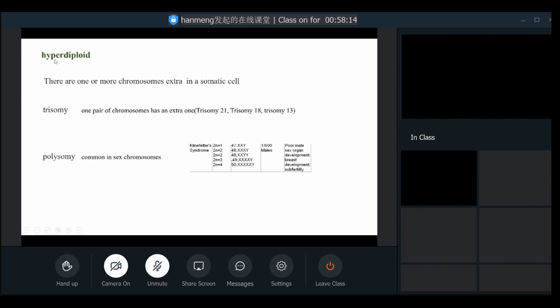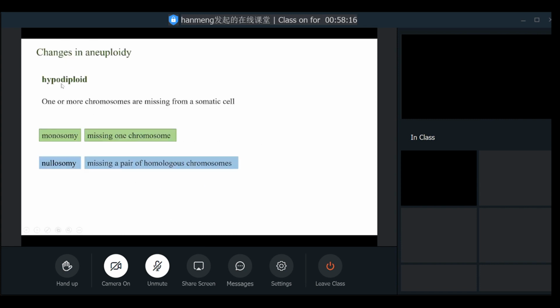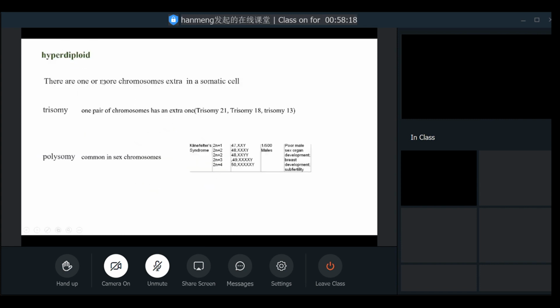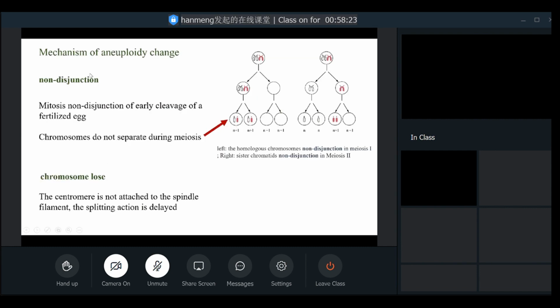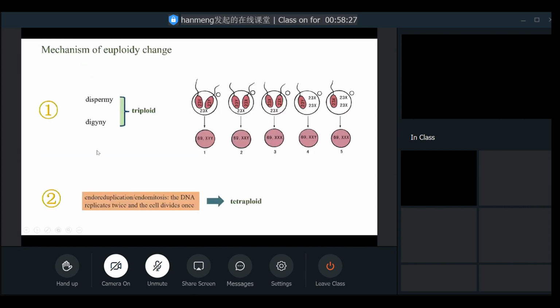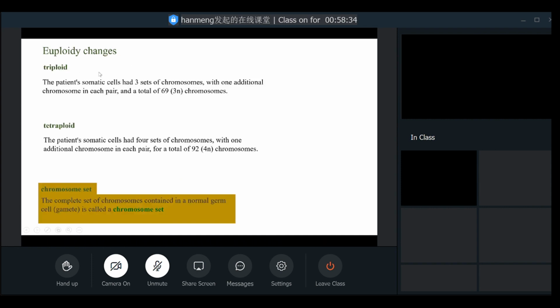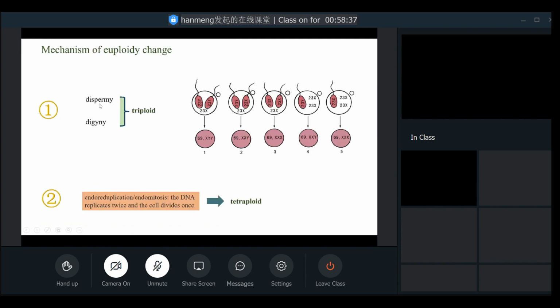Their mechanism is non-disjunction or chromosome loss, and for euploid it is dispermy, digyny, and endomitosis. So you should grasp this.